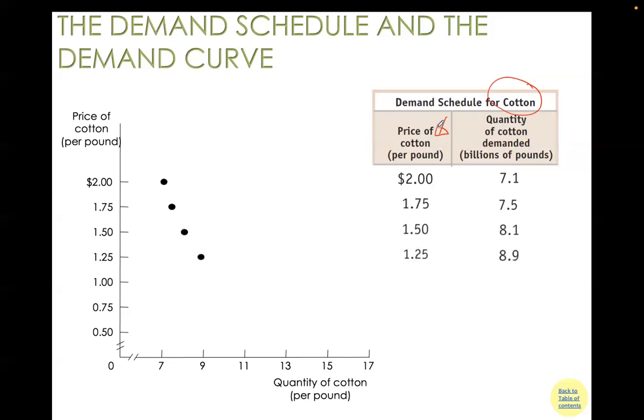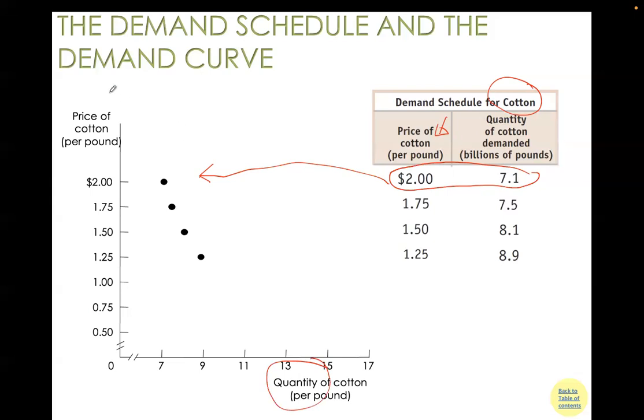What I did is just plot the combination of price and quantity demanded in this diagram. Now pay attention to how this diagram was plotted. On the horizontal line, we have quantity.